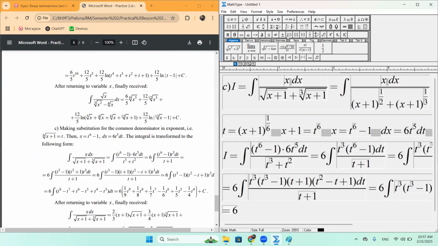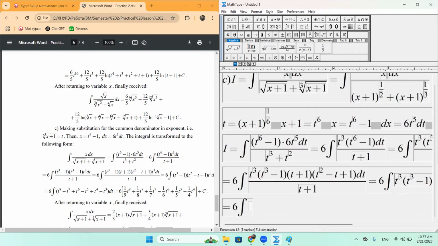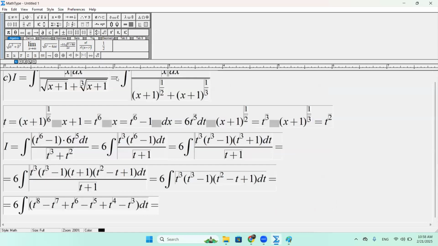So t in power of 8 minus t in power of 7 plus t in power of 6 minus t in power of 5 plus t in power of 4 minus t in power of 3. So it seems that everything is okay. So now we will integrate this expression.